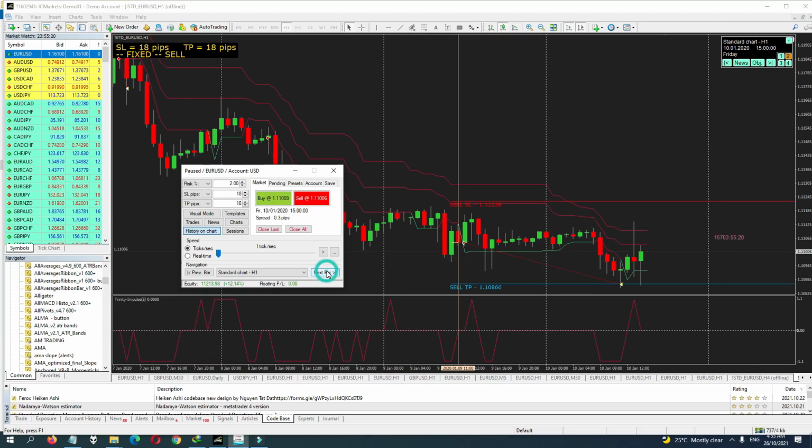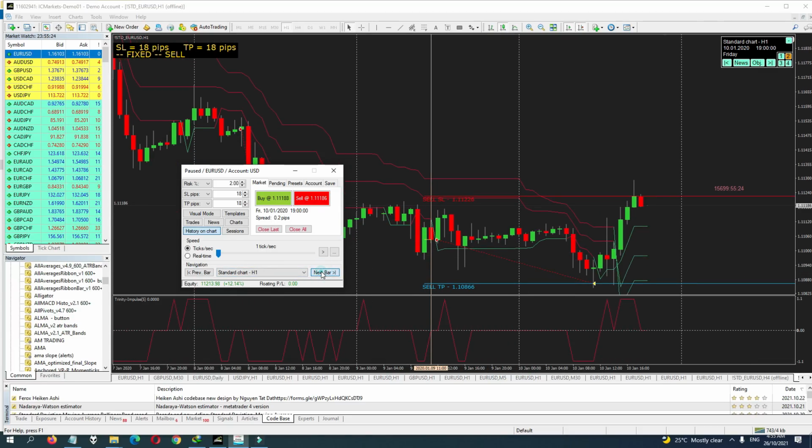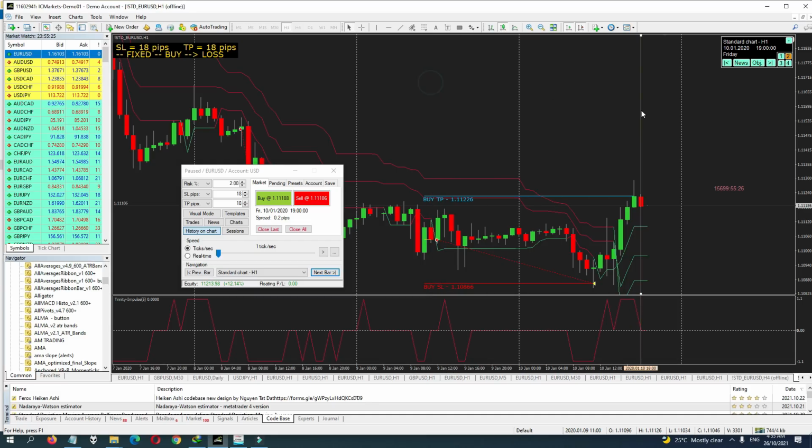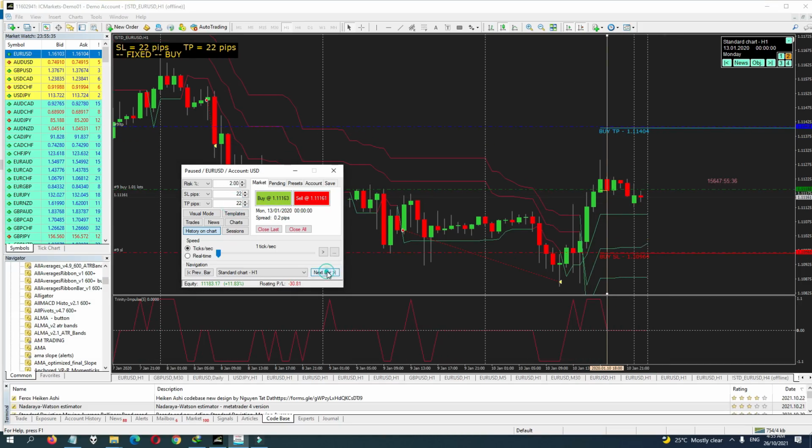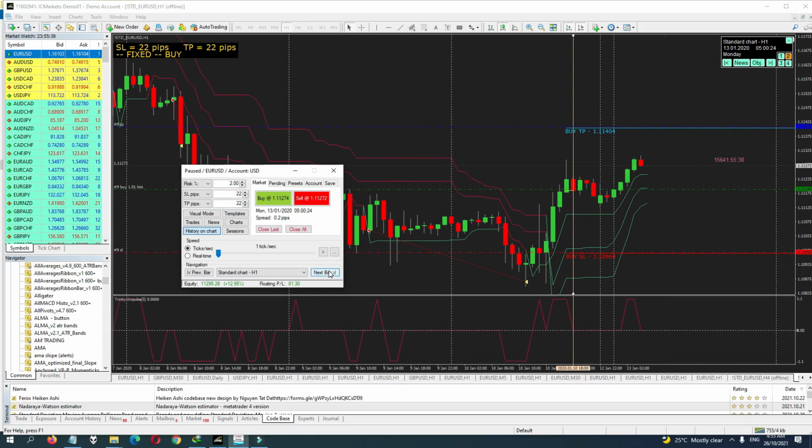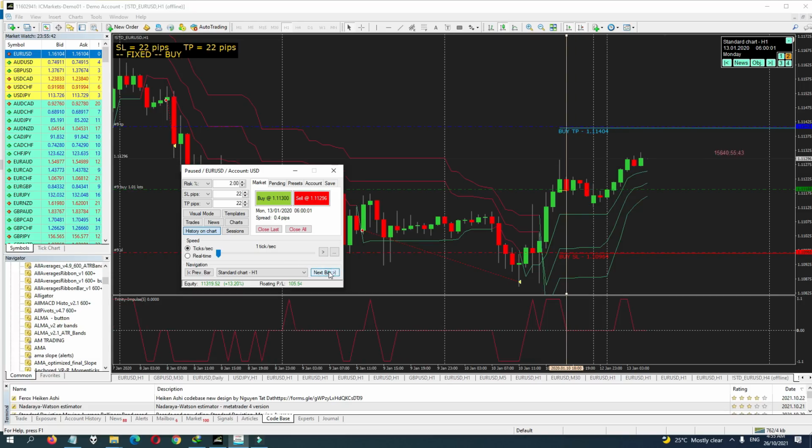I'll answer every comment. All green, and then you wait for it to go to 0, so you buy here. Basically, when you're targeting 1-to-1, I'm expecting at least a 60% win rate.